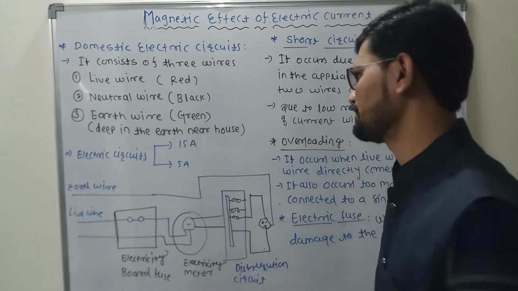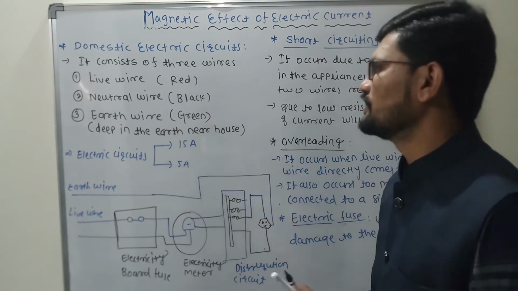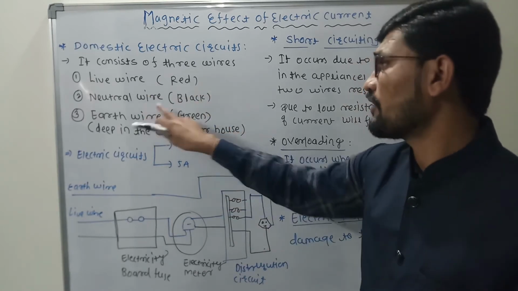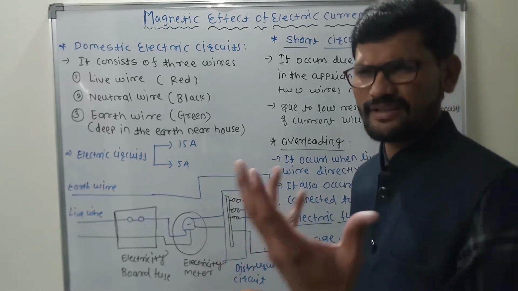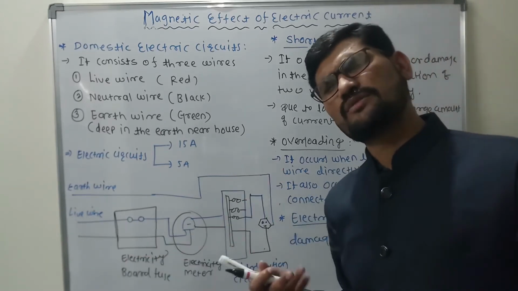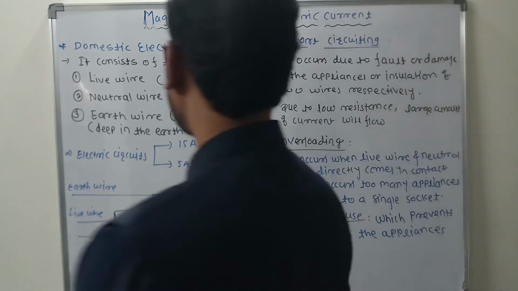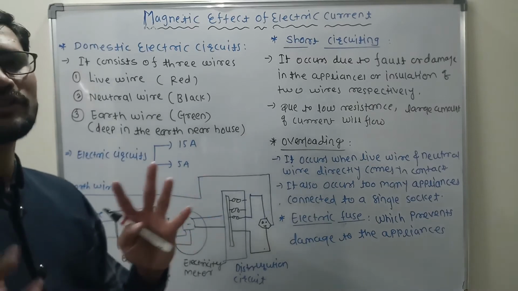Now, the live wire is called the positive, the neutral wire is the negative, and the earth wire is just to prevent severe shocks.